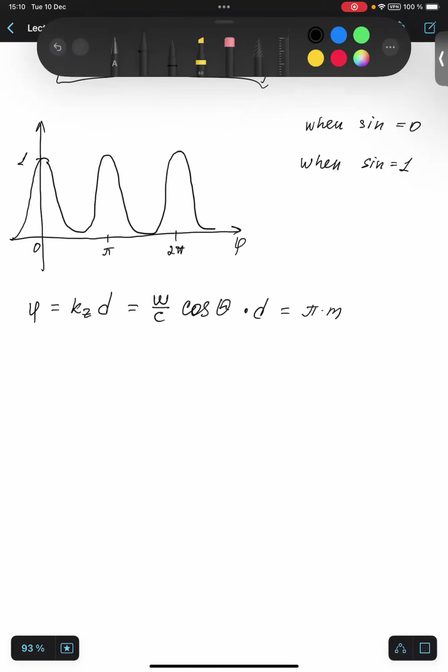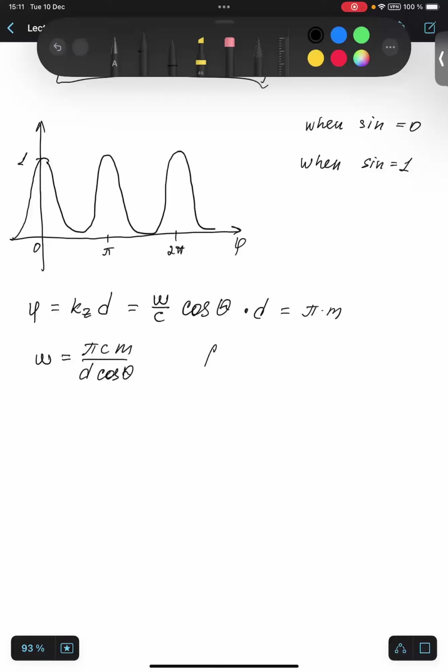It is more convenient to consider it in the frequency domain. So we can write pi c m over d cosine theta.